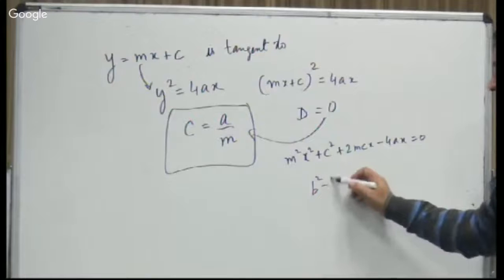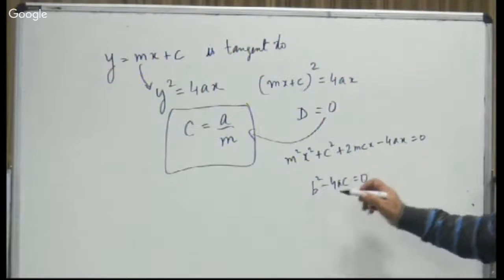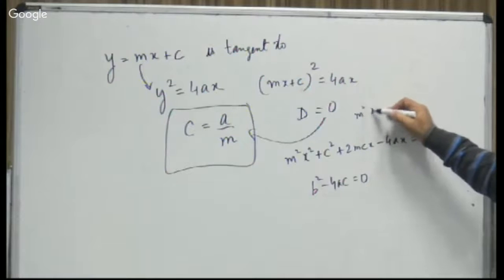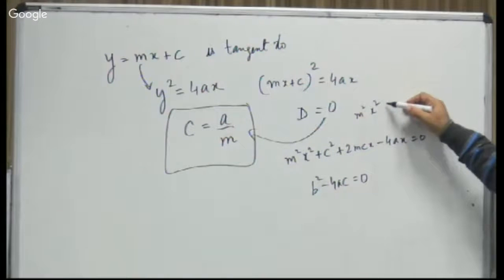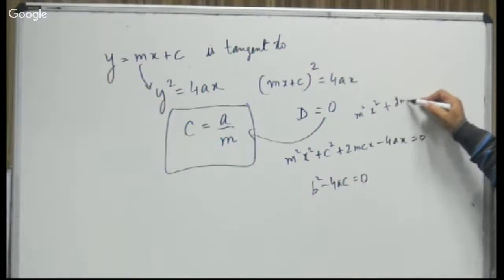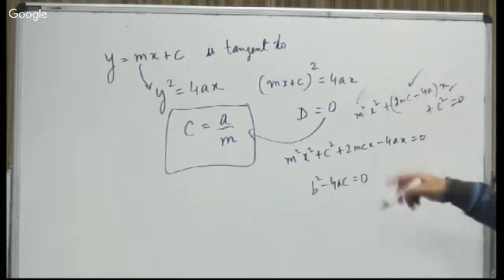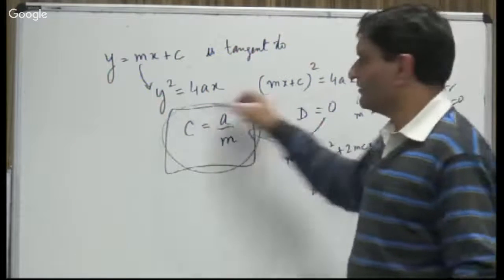You equate b square minus 4ac equal to 0. So what is b square? You can first write it like this: m square x square plus 2mc minus 4ax plus c square. So b square minus 4ac equal to 0, you will get c equal to a by m.